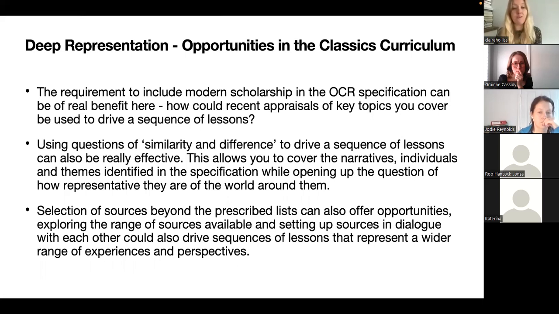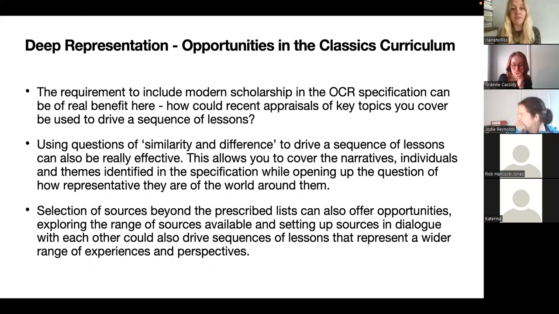But in terms of how you might use recent appraisals of key topics, particularly ones which take into account more neglected or underrepresented themes or stories, using that as a driver of a sequence of lessons might be an approach that would allow you to be a bit creative with the curriculum while still covering what you need to cover.